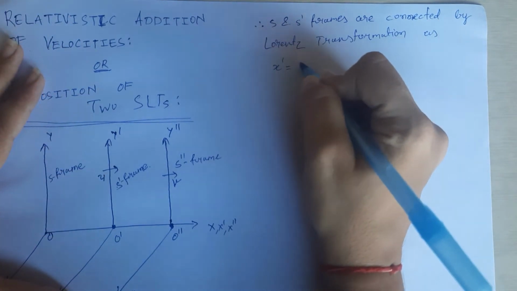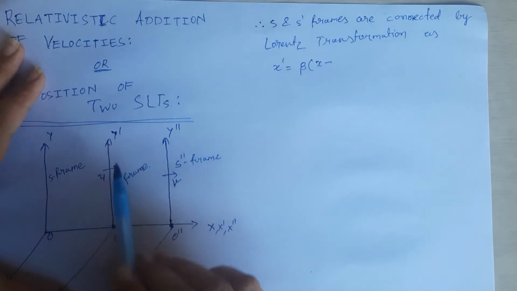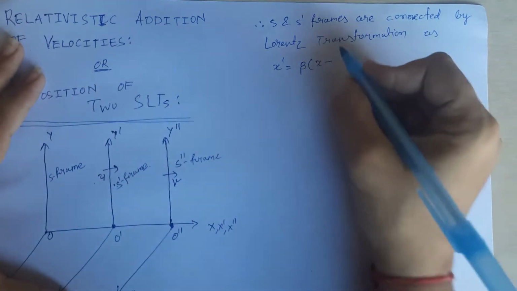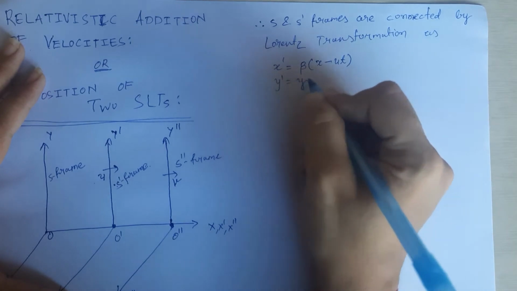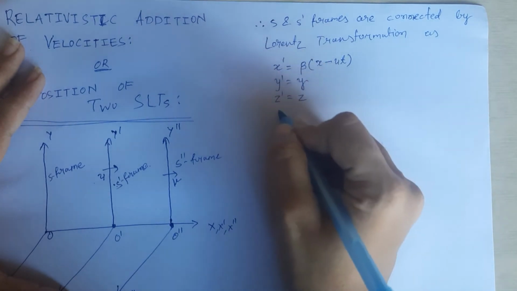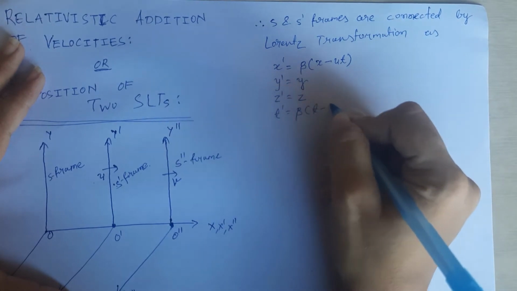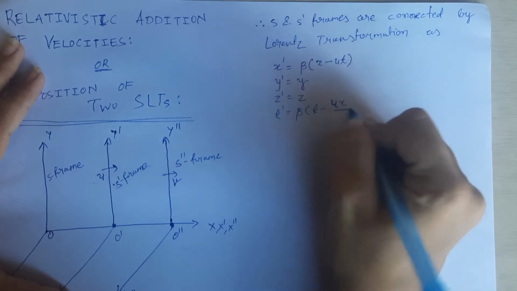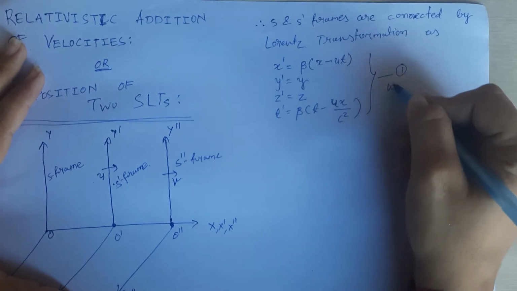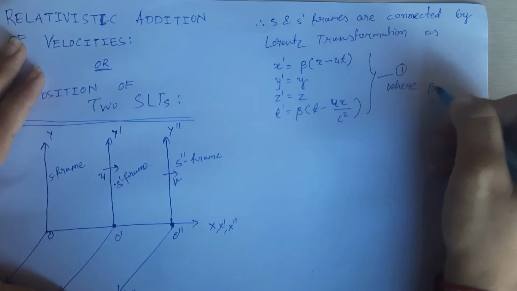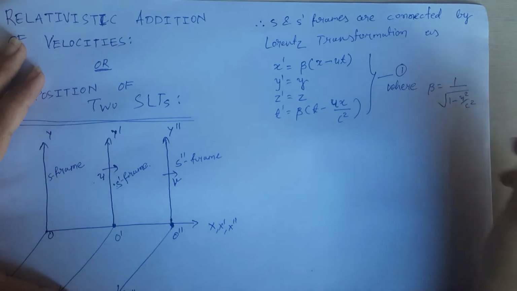So x dash is equal to beta into x minus u into t, since the S dash frame is moving with speed u. y dash is equal to y, z dash is equal to z, and t dash is equal to beta into t minus ux upon c square. We will name this equation 1, and here the value of beta is given by 1 upon under root 1 minus u square upon c square.